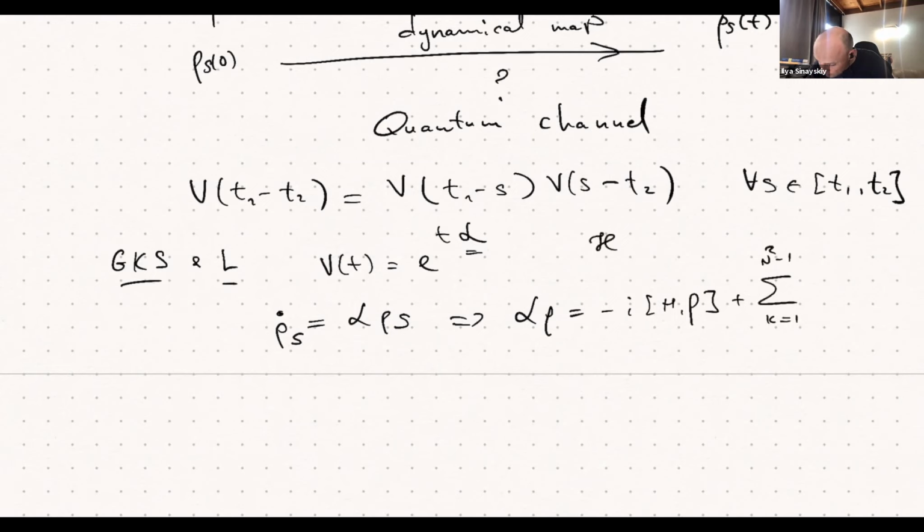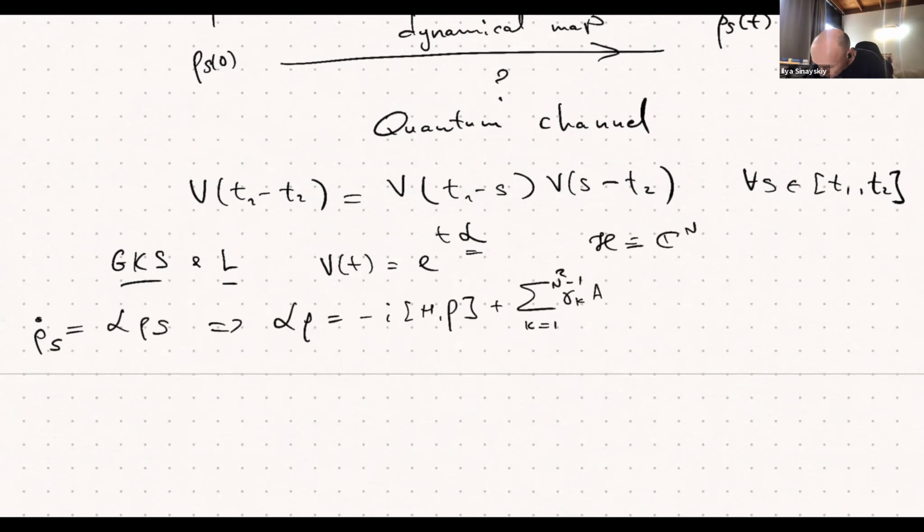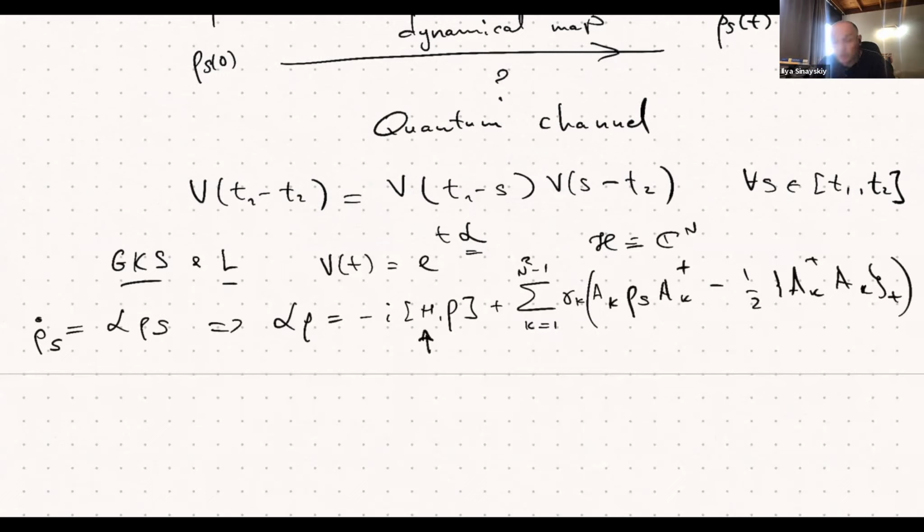If your Hilbert space is N-dimensional, you have N squared minus 1 terms which look like this: A_k rho_S A_k dagger minus one half of the anti-commutator {A_k dagger, A_k}. The square brackets are the commutator and the curly brackets are the anti-commutator.